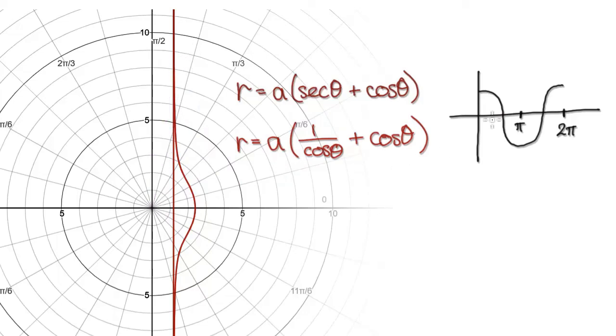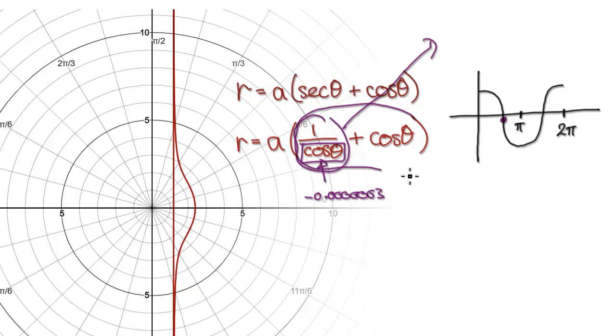And then just after 90 degrees, this quantity here would be a negative number, but very, very small. You can imagine this quantity to be negative 0.0000003, so this thing would be very, very big, but negative big.